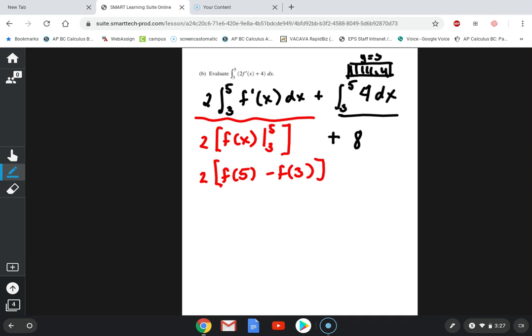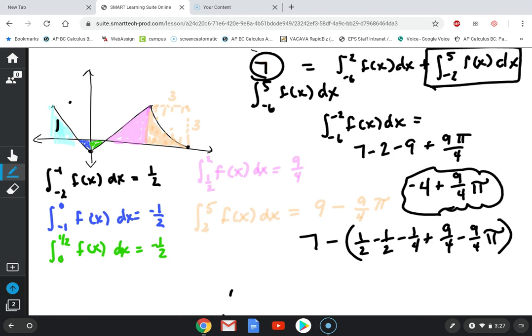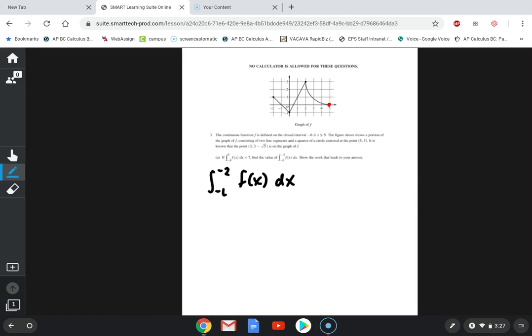And so going back to the graph, I'm going to go f at 5 is 0, and f at 3, they give us as 3 minus the square root of 5.